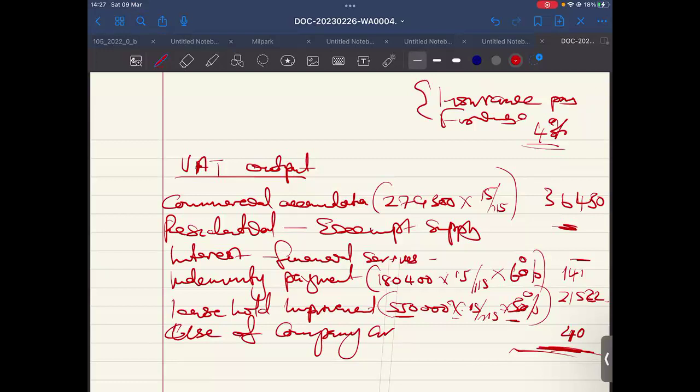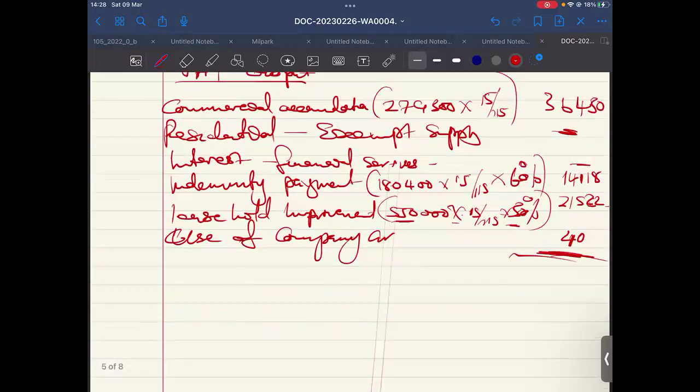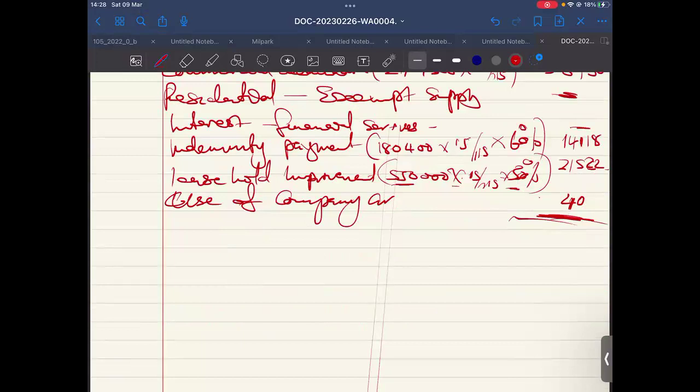Is it 180,400? Yes. So I'm correct: times bracket 15 divided by 115, then times 0.6. It's 14,118, yes. Why does it look so much? Right. It's 14,000. Now we move on from output VAT to input VAT.